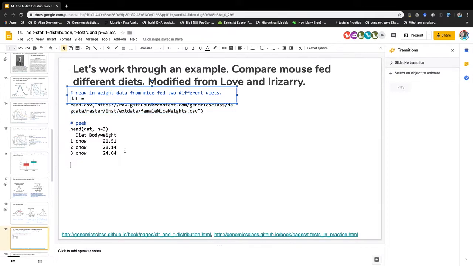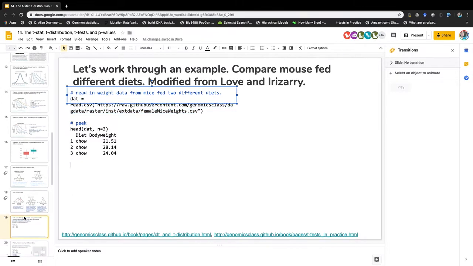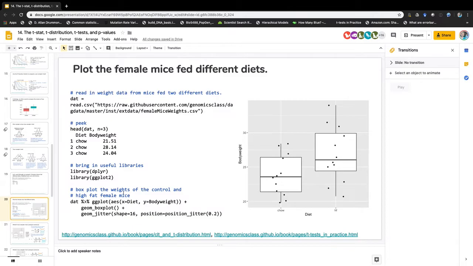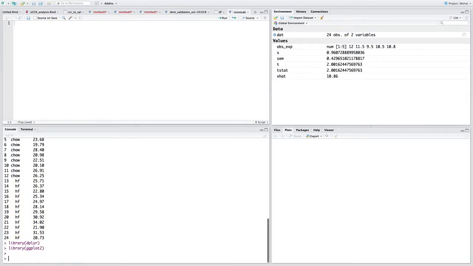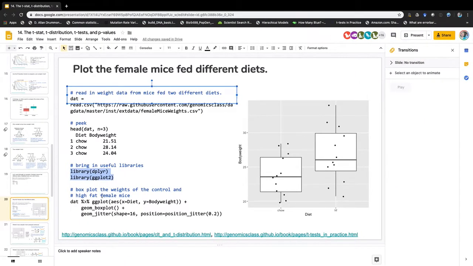So I took a peek at the data, which I just showed you there. If we go to the next slide, what we're going to do is we have to load in our friendly libraries dplyr and ggplot2. And we're going to slice and dice the data a little bit. All I'm going to do is send the data to ggplot, and I'm going to make a box plot where the x-axis is stratified by the diet that the mice received.